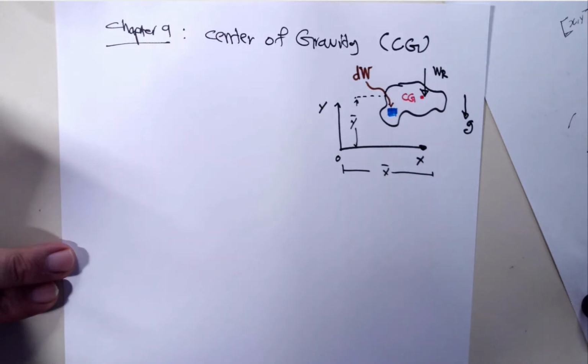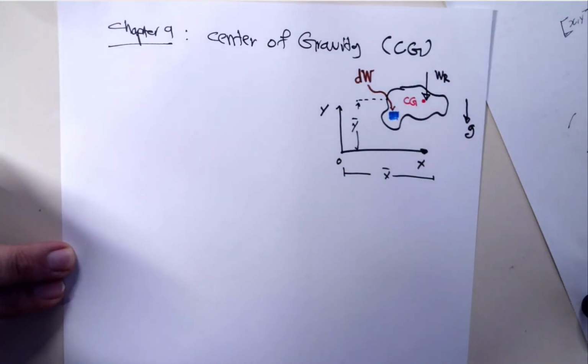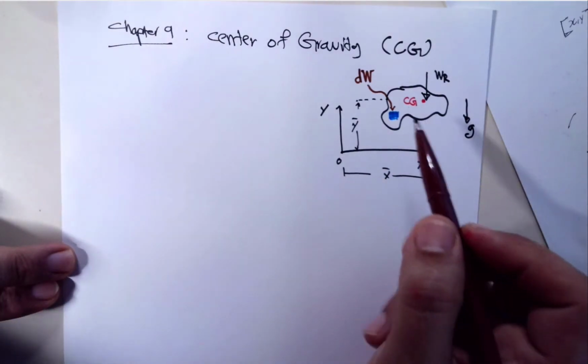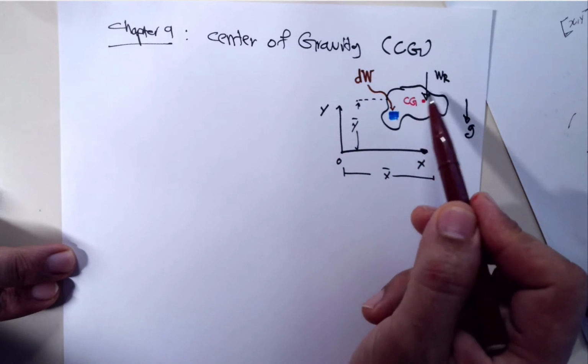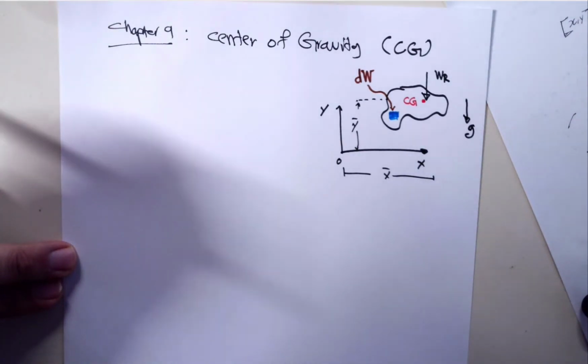Let's try to calculate the location of CG. By definition, what we're trying to do is find the location of this equivalent weight, which is WR. And the WR has two locations, one in the x direction and one in the y direction.